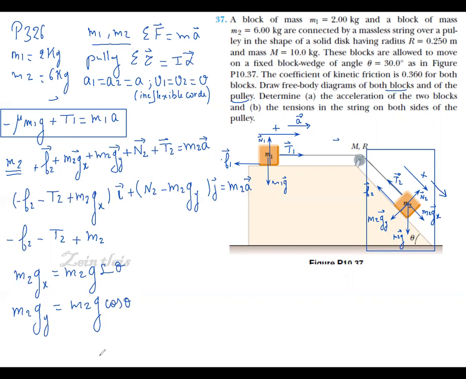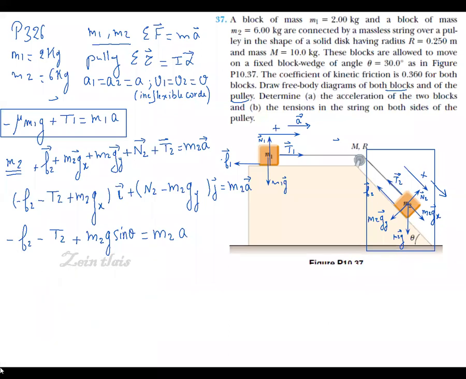You can put it directly, and the angle theta is the angle of the inclined plane. So here we can write plus M2G sine theta equals M2A, and N2 equals M2G cosine theta.